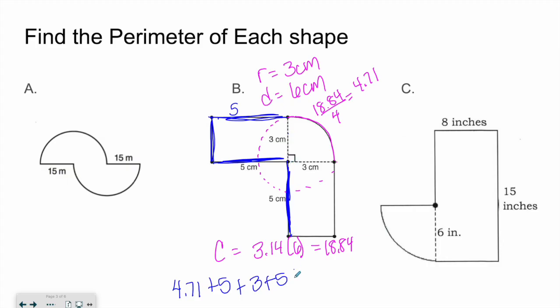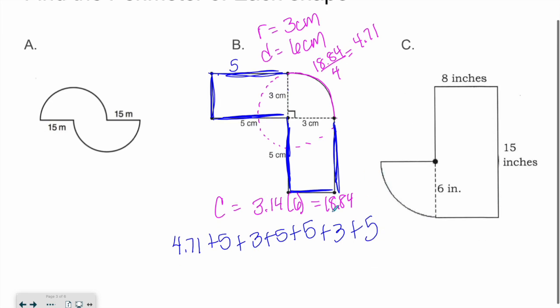I have that side of 5, this side is 3, and this side is 5, bringing me back to my curved side. And when you add all those together, you end up with 30.7 centimeters.